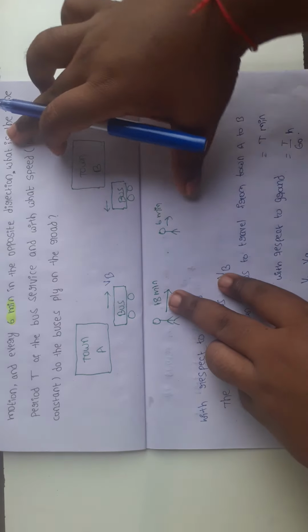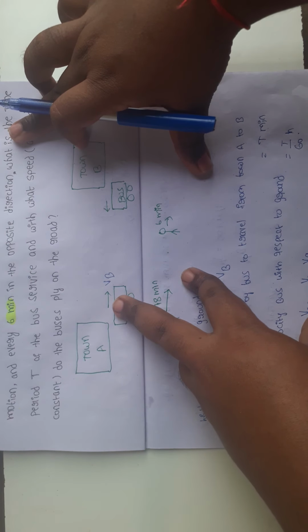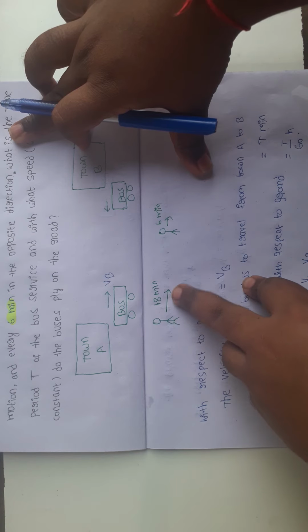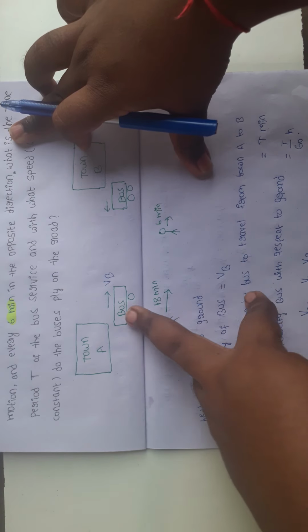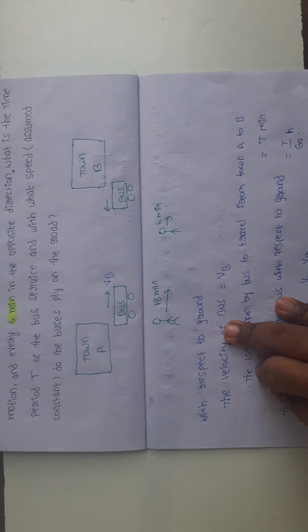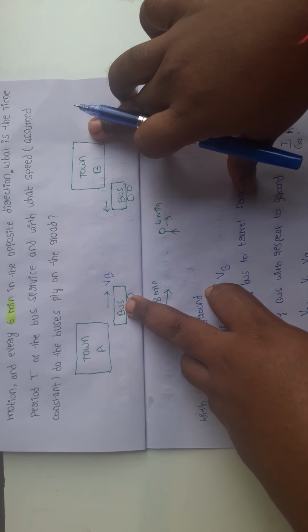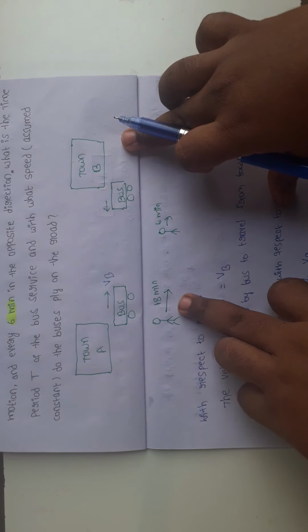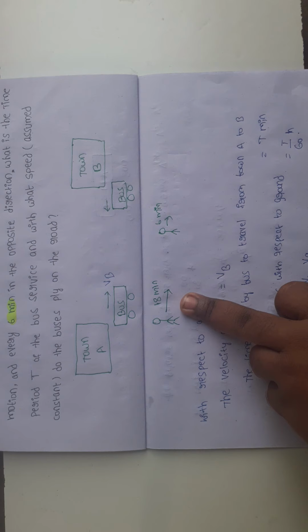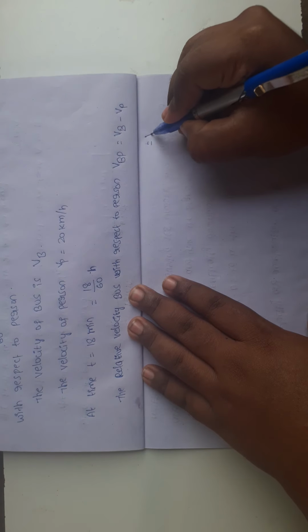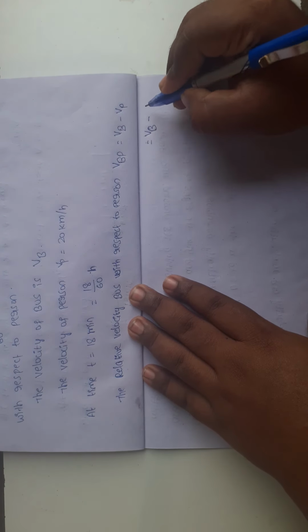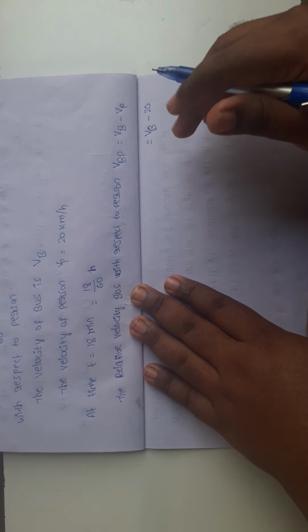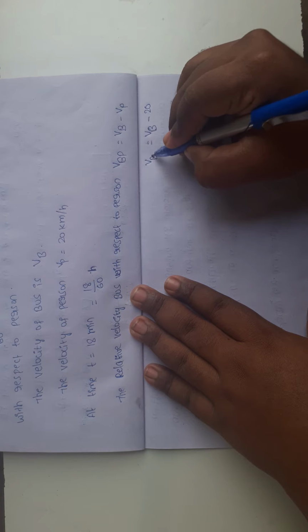At 18 minutes, the direction of the bus is this direction, and the person is cycling in this direction. So the bus and person are in the same direction. So the velocity of the bus is Vb, and the velocity of the person is 20 km per hour. So the relative velocity is Vb minus 20 km per hour.